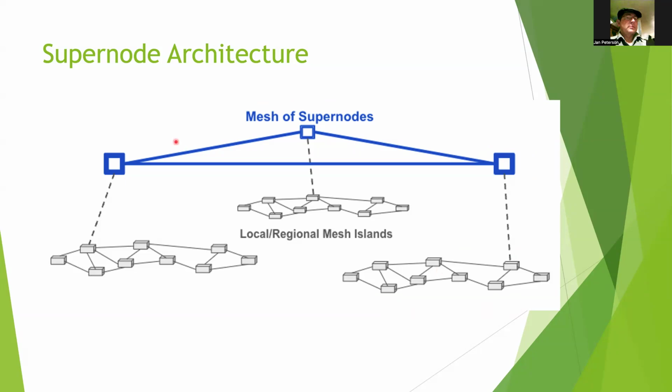And then these guys up here communicate with each other over potentially some other connection mechanism. The typical one is tunnels over the internet, but these could be point-to-point Wi-Fi links as well. They don't necessarily have to be running over the internet. And we'll talk more about that as we move on. But I have some ideas, and I'll share those as we get close to the end of the presentation. Okay.